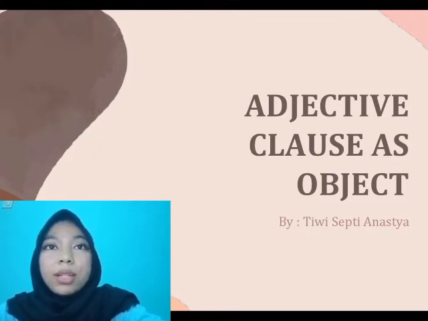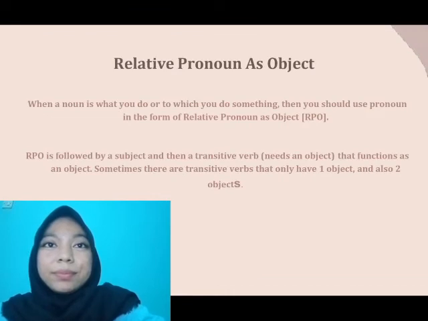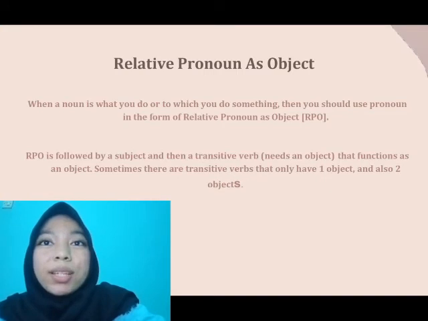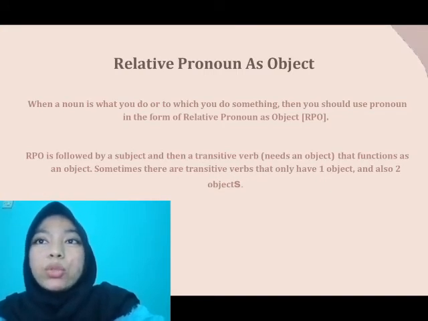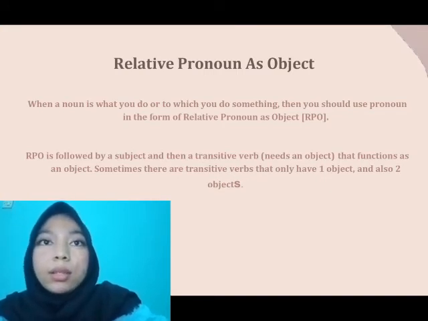First, I'm going to ask you guys, what do you know about this material, or about relative pronoun as object itself? Okay, I'll explain. Relative pronoun as object, or RPO, is used when a noun is what you do something to, so you should use a pronoun in the form of relative pronoun as object.